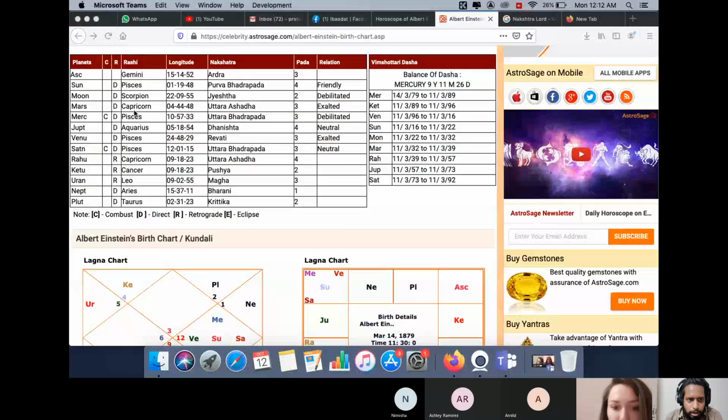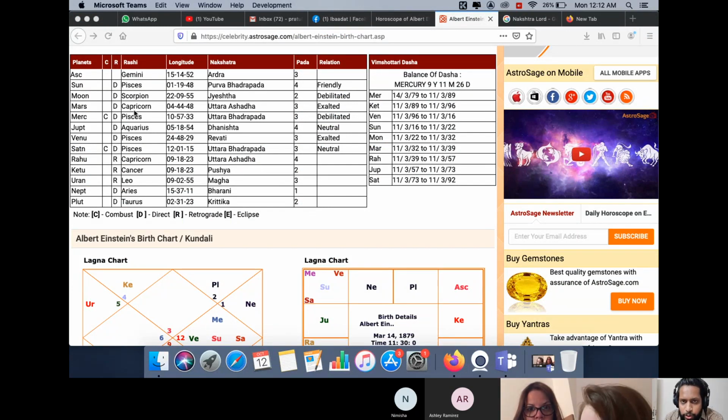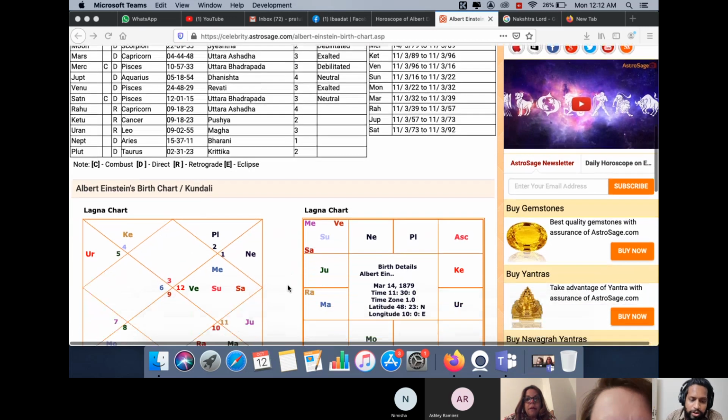Okay, so who will tell me what is the nakshatra of the ascendant? Gemini. Nakshatra, Zora, nakshatra. Ardra. Okay. Anil, who will tell me the ruler of Ardra?